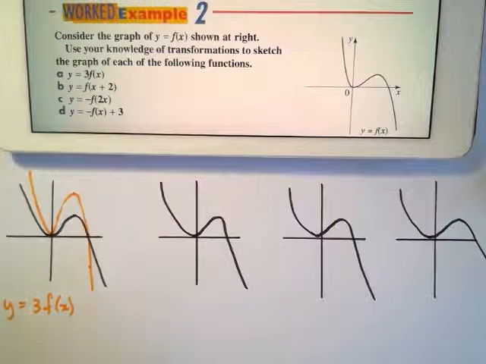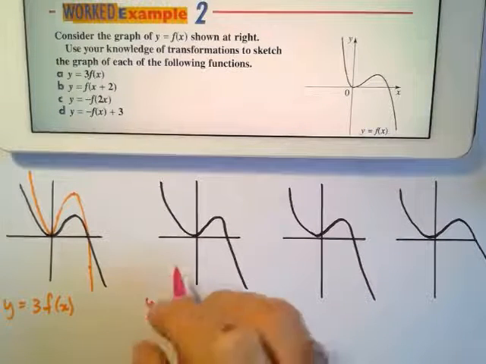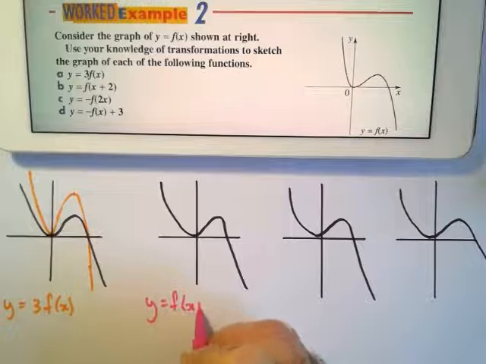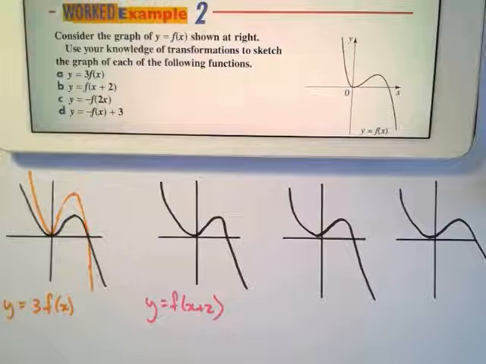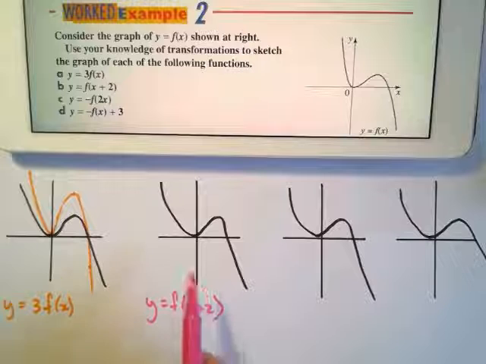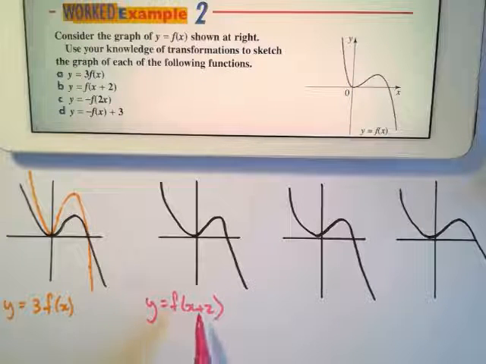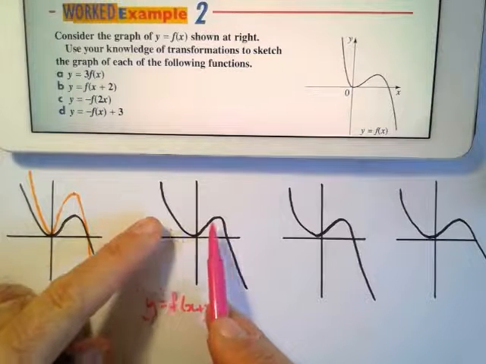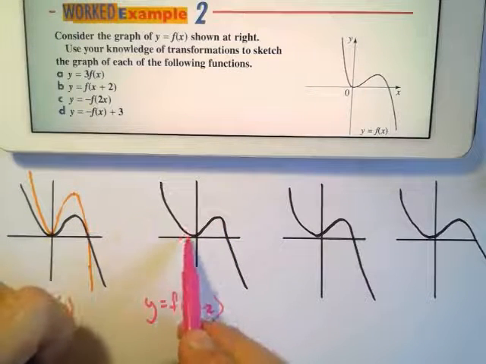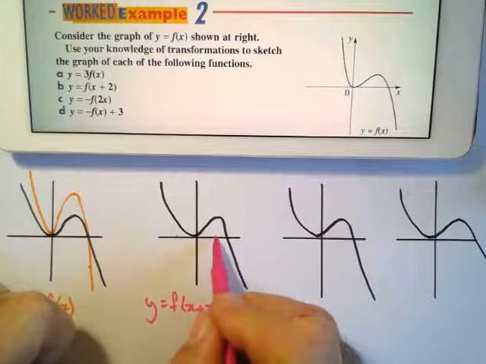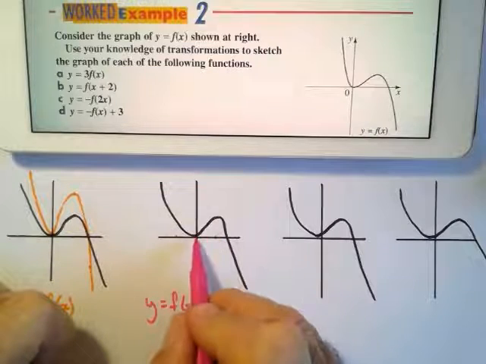For our next question, y equals f(x) plus 2. What happens now is y of x is moved. So all my x values, whatever my x values were, will move in the opposite direction of positive 2, which means they're going to go back minus 2. So this whole graph is going to move in this direction. So this will move there, that will move there, and all these values will just move.